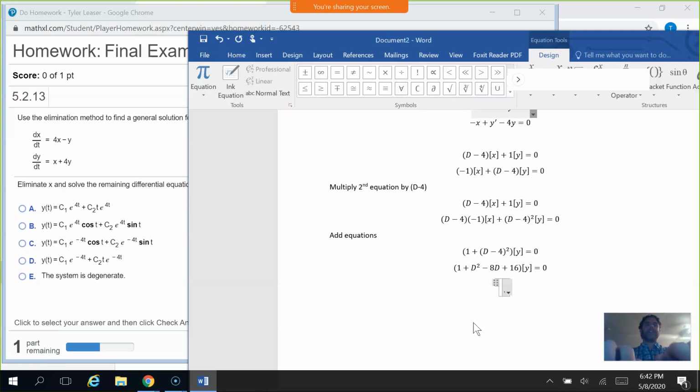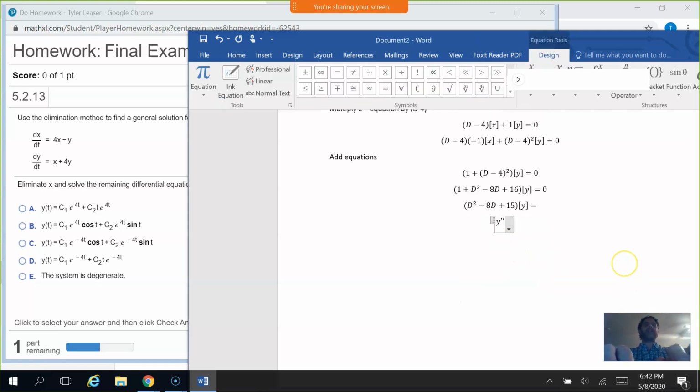Combining the like terms together, we're going to have D squared minus 8D plus 15 acting on the y. At this point, we want to get rid of these operators and just go back to the regular form. D squared acting on y is the second derivative of y, minus 8, and then D acting on y is the first derivative, plus 15 acting on y is just 15y, is equal to 0.